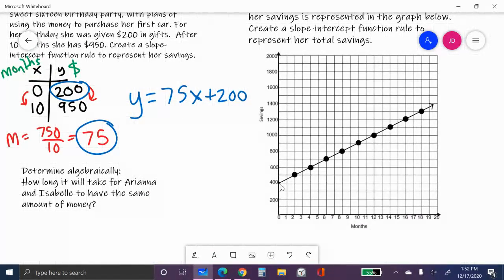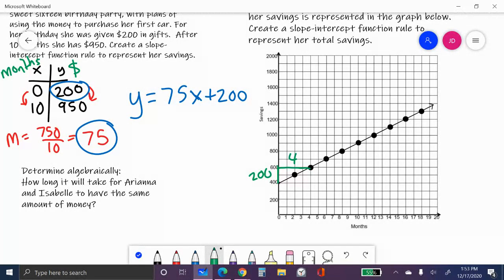And she looks like she starts off with $400 and then goes up to $600 every 4 months. Okay, so it looks like it goes up to 600 every 4 months. So this is 4, and it looks like it goes up 200 here.